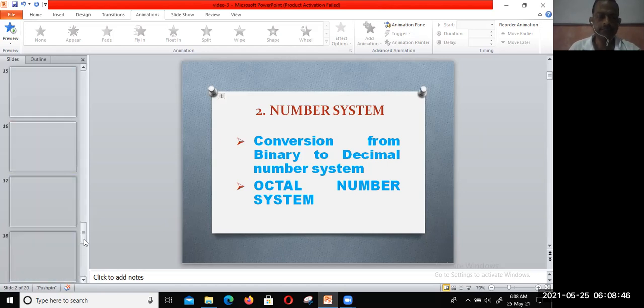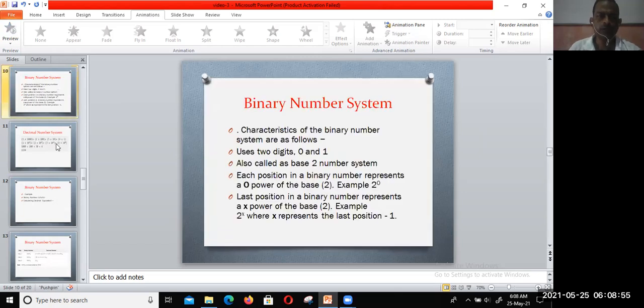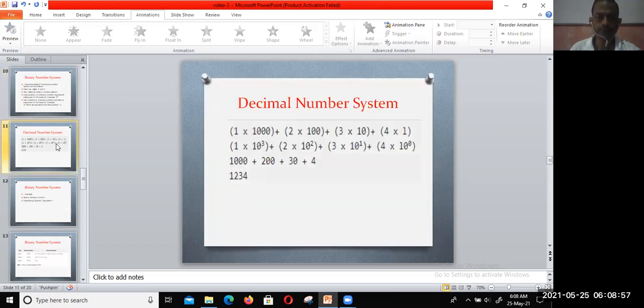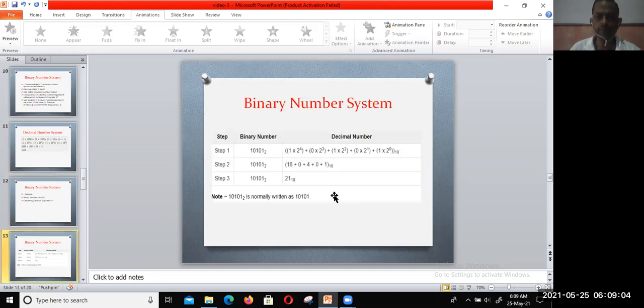Now let us discuss one by one with example. So binary number systems, you have seen the example of how to convert a binary number to decimal number.